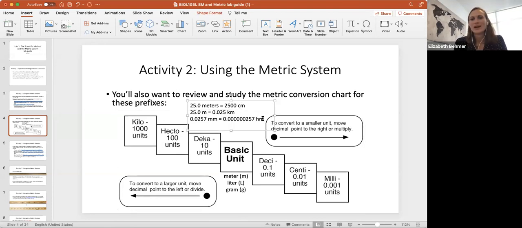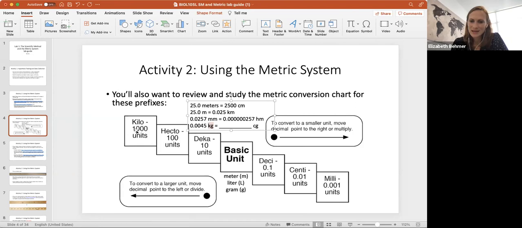Let's do one more and then I'll be done. And we can apply this to any base unit. So now let's say we have 45. I need to think about what I'm doing here. Okay, so a kg is a kilogram. And how many kilograms are in a, let's do a centigram. So we're starting at kilograms, which is over here.